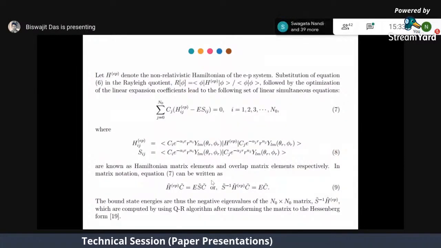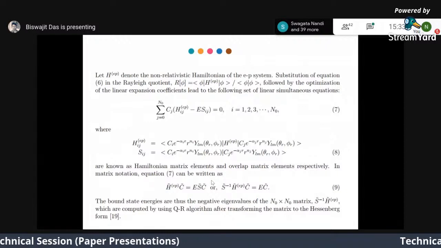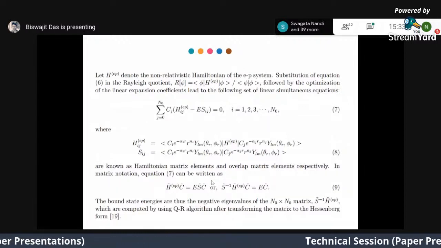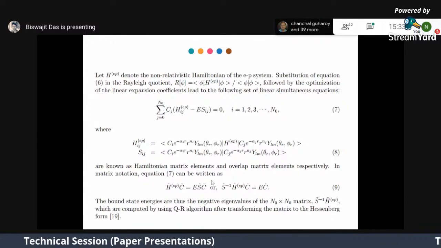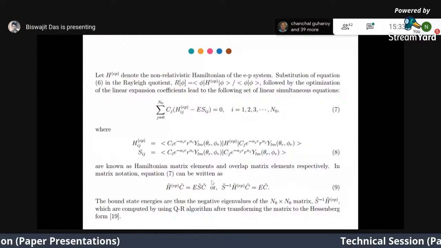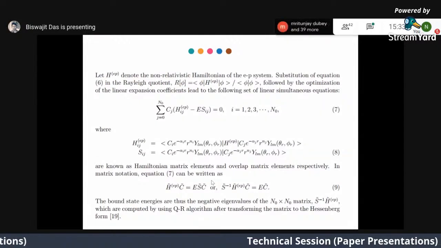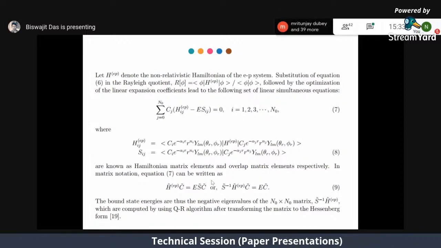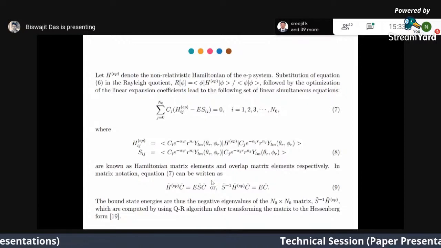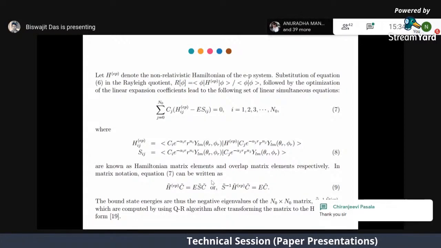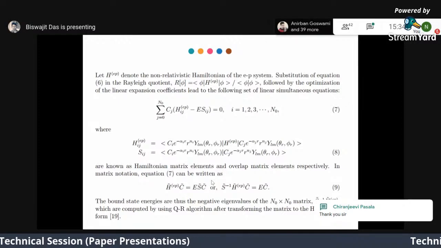Let H denote the non-relativistic Hamiltonian of the electron-proton system. Substituting equation 6 in the Rayleigh quotient given by this, followed by optimizing the linear coefficients, gives simultaneous equations given by equation 7, where Hij and Sij are the Hamiltonian matrix elements and overlap matrix elements given by equation 8.